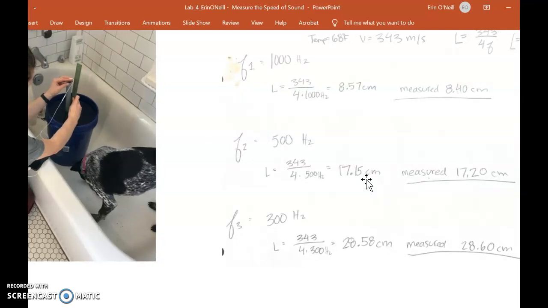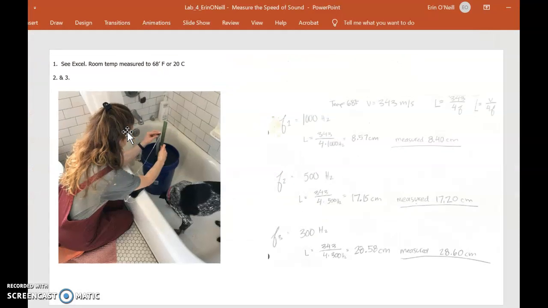This time I got 17.20 centimeters. And then finally for 300 hertz, again, I solved it for 28.58 centimeters and I measured 28.60 centimeters. So this was really close, which was neat.